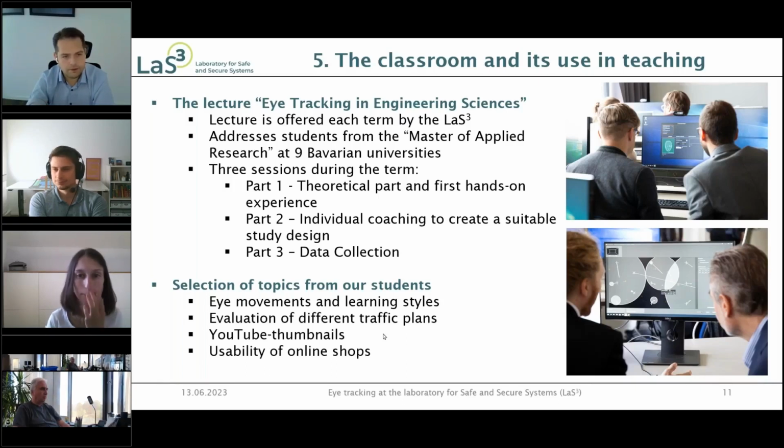Every student taking part in this course gets individual coaching, so we really have a lot of time with them. We help them to set up an experimental design and to identify all the dependent and independent variables and all the relevant metrics. It really helps them finish the second part with a completed experimental setup.